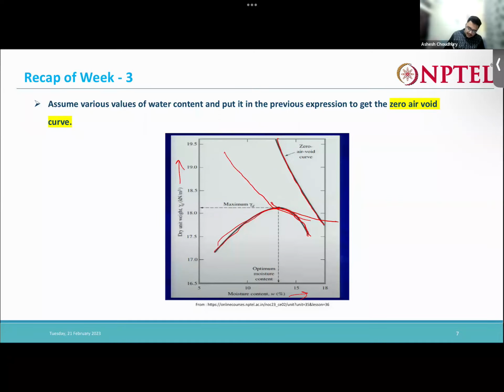For this water content, this is the maximum dry density which we obtained, a little above 18, right? This is the dry density that we obtained for our optimum moisture content. But theoretically, the dry density that you can obtain is much higher. It will be somewhere here. The theoretical maximum is this one, but practically we can obtain only up to this much, right?